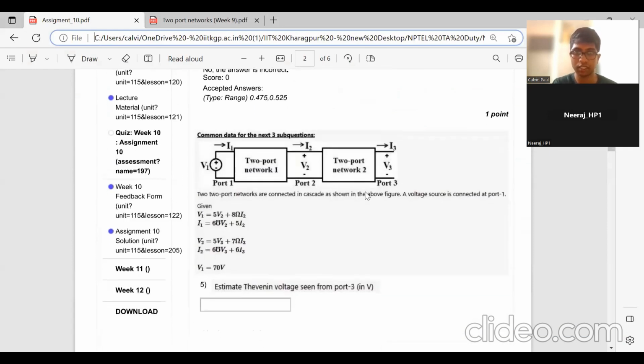Now we consider this network. For this network, we need to take the screenshot from it.